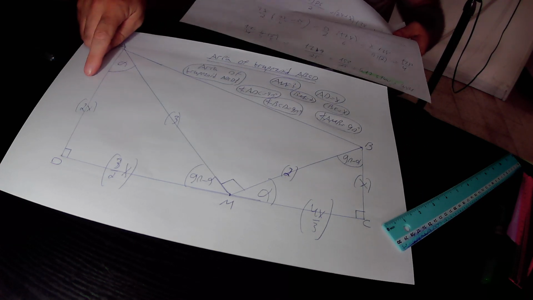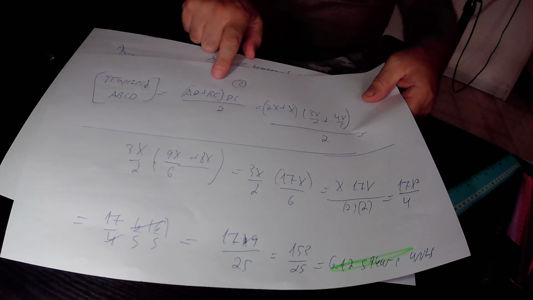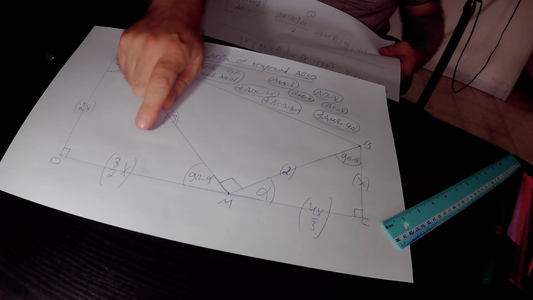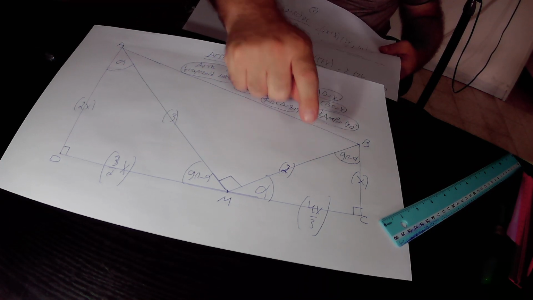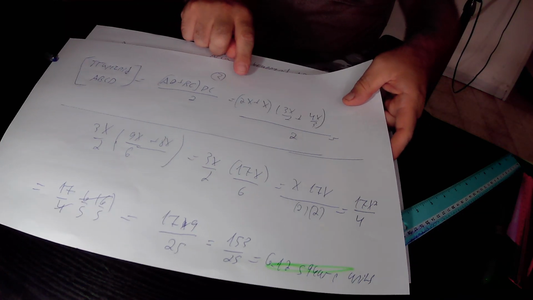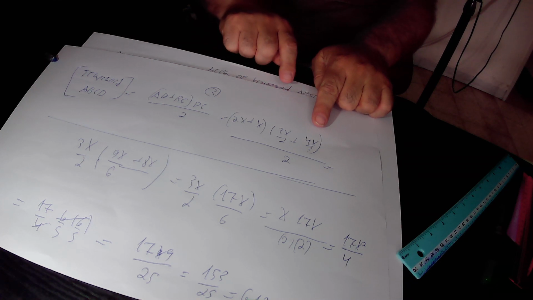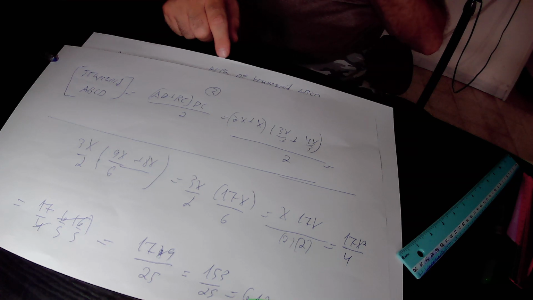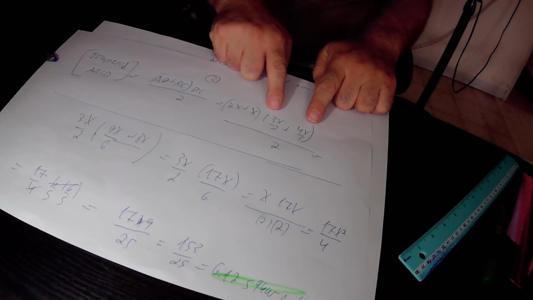AD is 2x, BC is x, times the height DC. DC in total equals 3x over 2 plus 4x over 3. 2x plus x is 3x, and we take 6 as a common denominator for those two expressions.